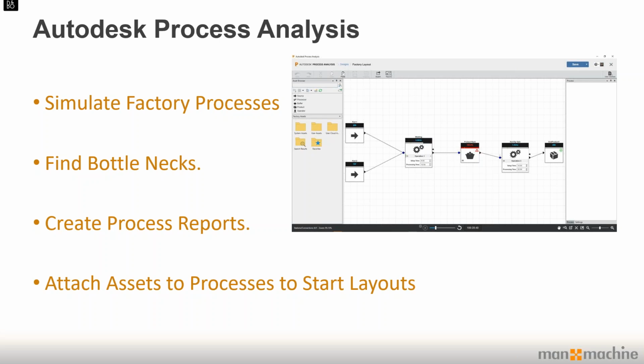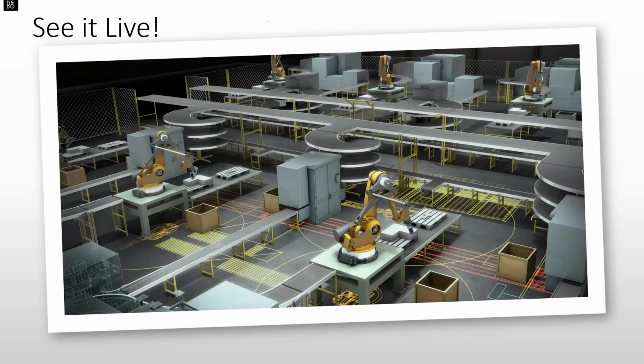We can also attach assets to the process to start our DWG layouts. Generally, I don't start there; I usually use process analysis as a separate tool. But there's nothing wrong with starting there and attaching your assets to the processes you set up.